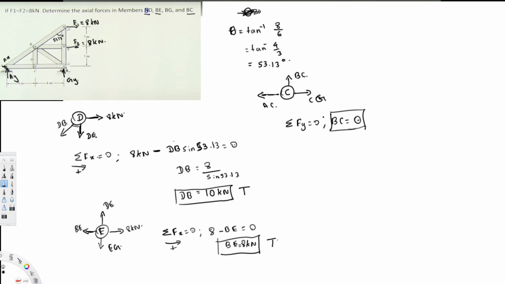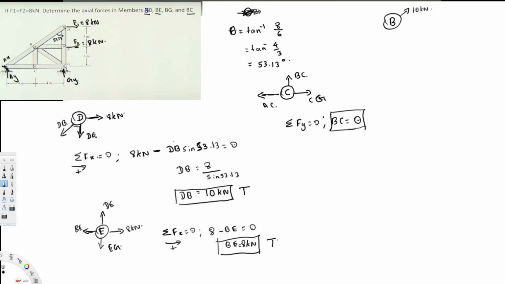So to calculate BG, now I have to take this joint. This is the only option, so let's do that one. If I take joint B, we are going to have BD on top. BD that we found already is 10 kilonewton, so I can put 10 kilonewton.